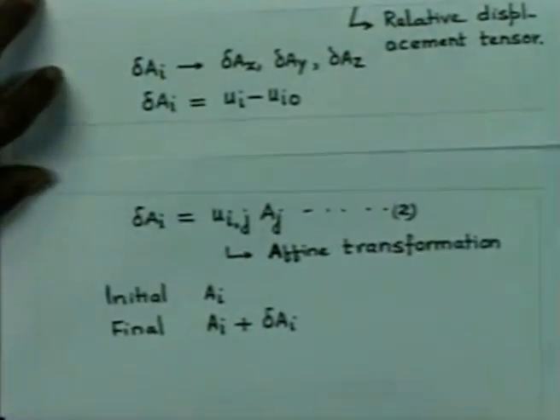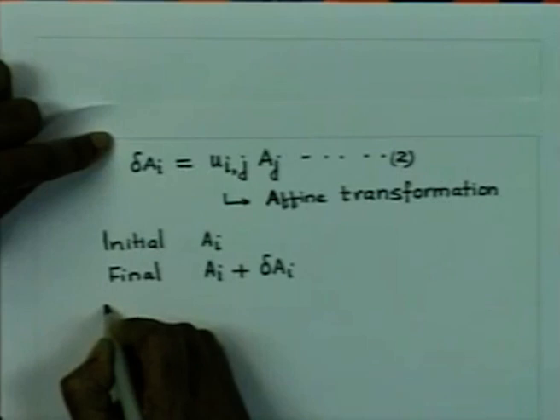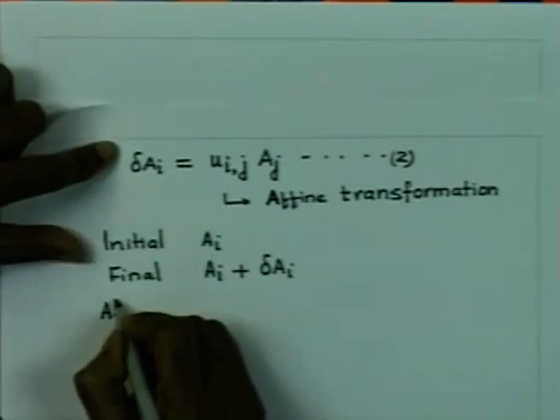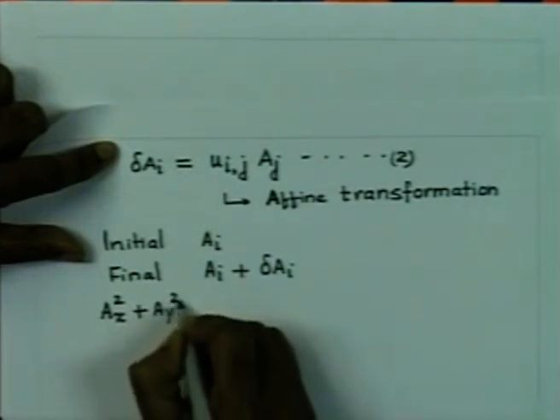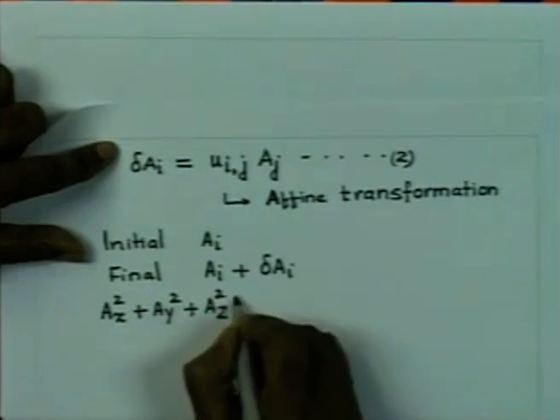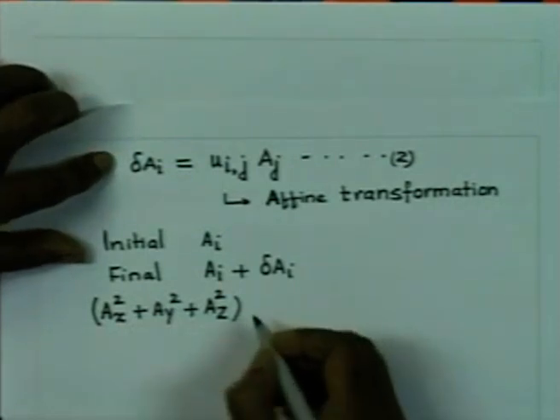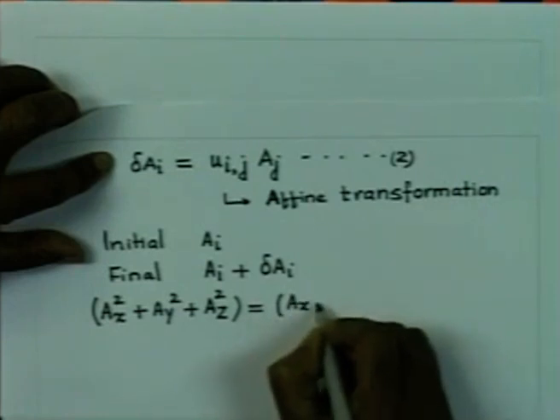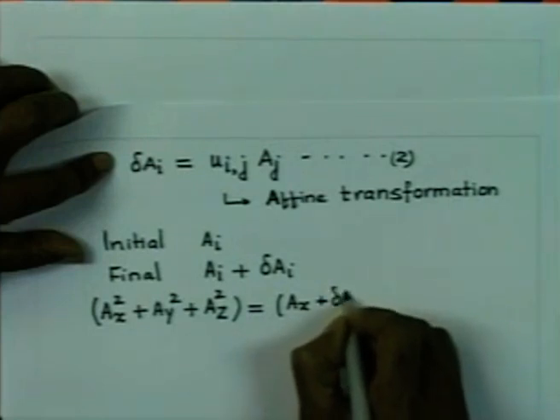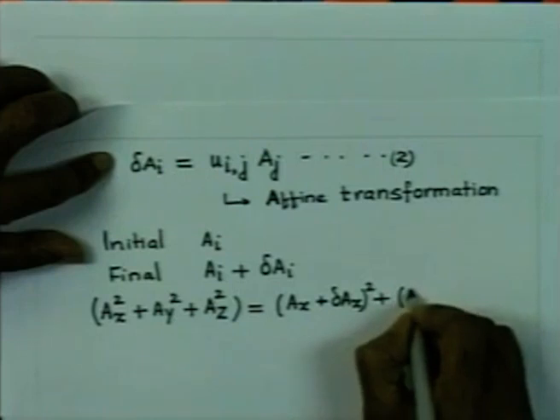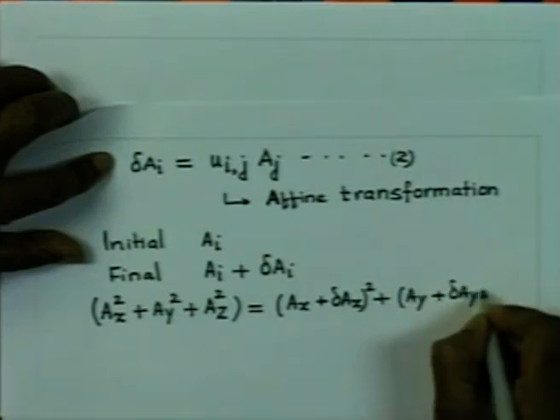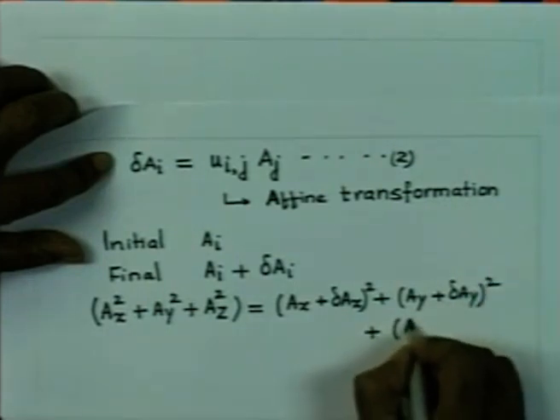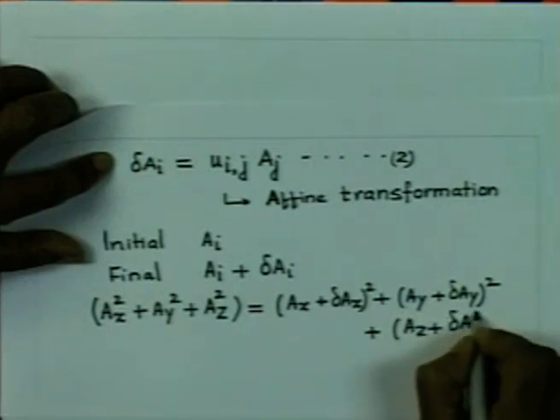Now, if we consider that the body displaced in such a way that there was no deformation, that means distance between P and Q remained unchanged, then the initial length square, given by ax square plus ay square plus az square, that is the initial distance square, must be equal to ax plus delta ax square plus ay plus delta ay square plus az plus delta az square.